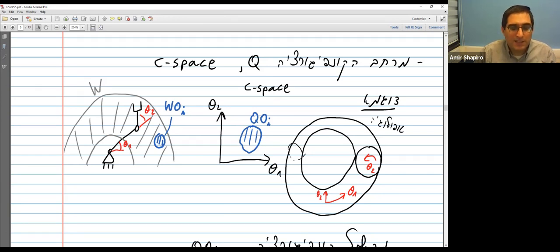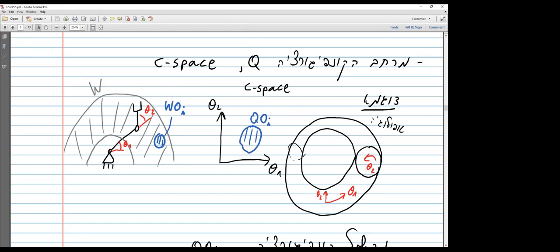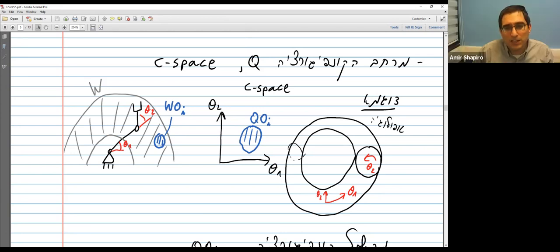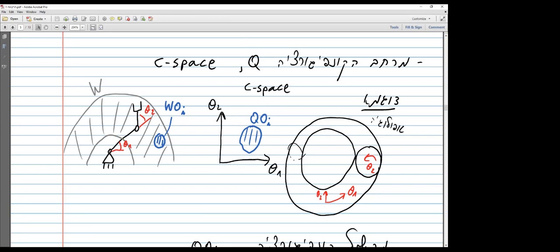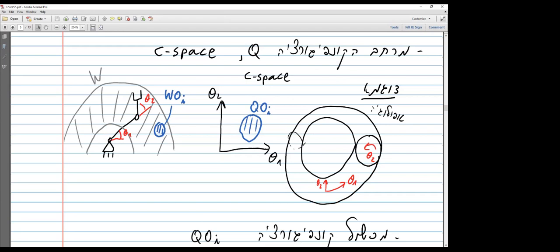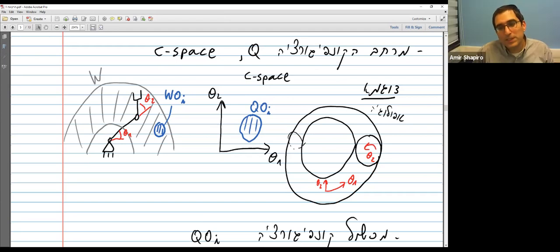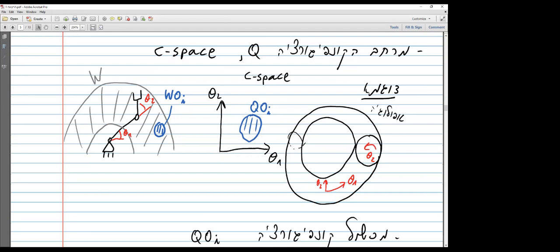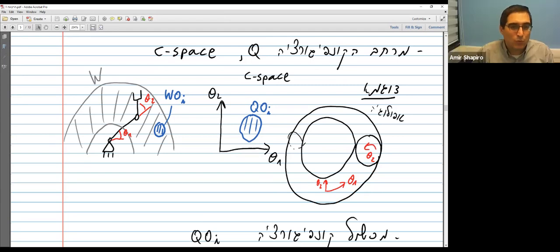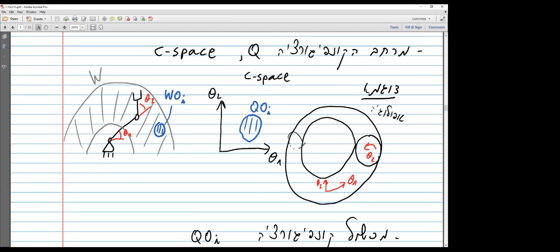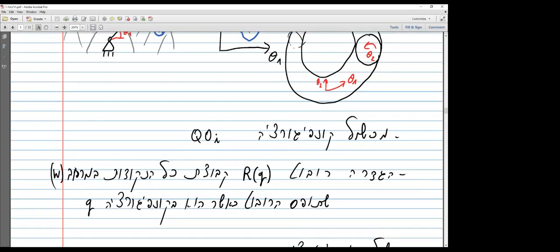And this is the configuration obstacle, and we represent it as QO. Q is the configuration space, and O is the obstacle, the configuration obstacle. So in the torus example, we don't see the obstacle, only in the Cartesian? No, you don't see it here. Maybe some parts of the torus we have to take out, which are the obstacle. Okay, thank you.